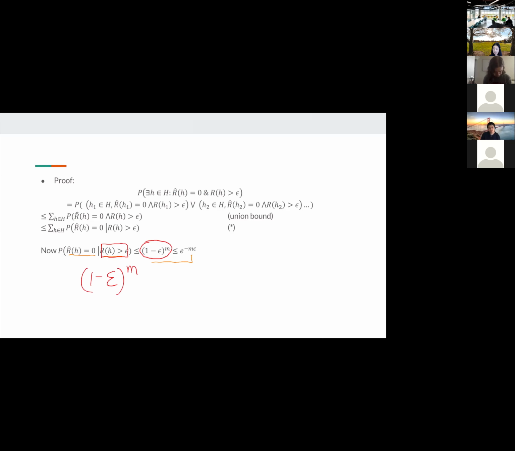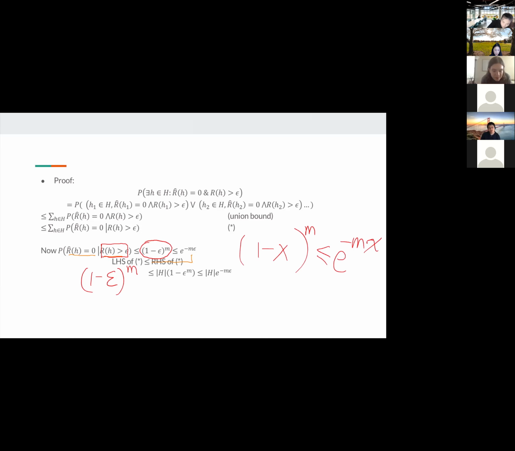Again, this uses the IID assumption you made for the examples within a sample. So you get 1 minus epsilon to the power m, and again using the property that I mentioned, 1 minus x to the power m is going to be smaller than e to the minus x. So again, you're using this property.